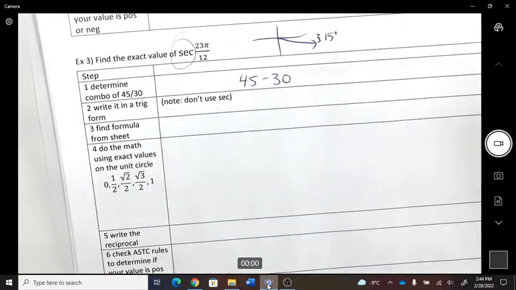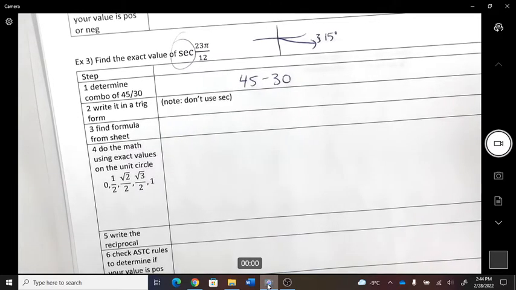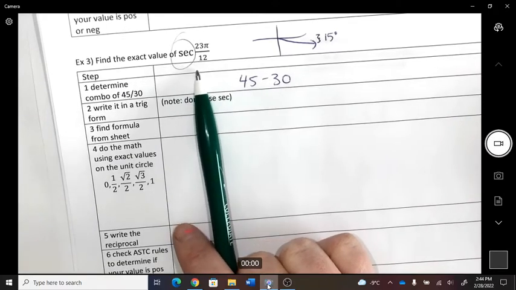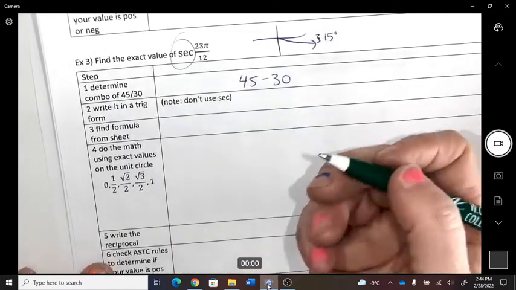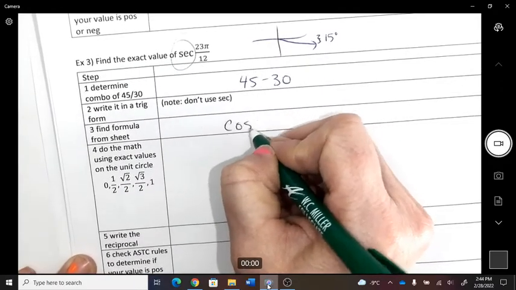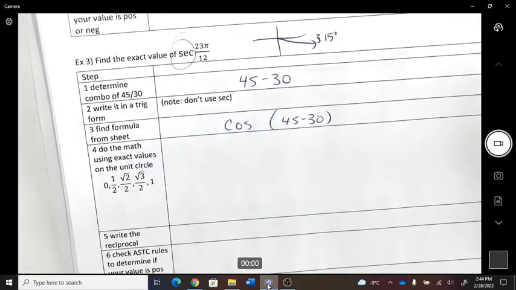What do you think about using secant? 45 minus 30. Probably not good, right? What should I use instead of secant? Cos. So we're going to use cos of that. Okay, you ready? You've got to go find a formula sheet.